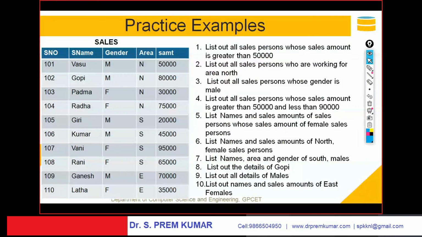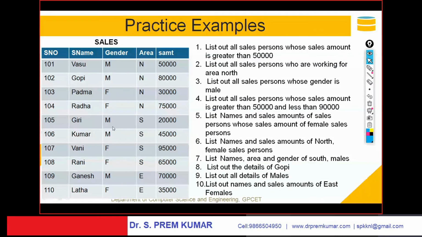I just project this. There is a sales table which contains 101 Vasu, male, area north, 50,000 is the sales amount. Gopi, male, north, 80,000. Padma, female, north, 30,000. Radha, female, north, 75,000.